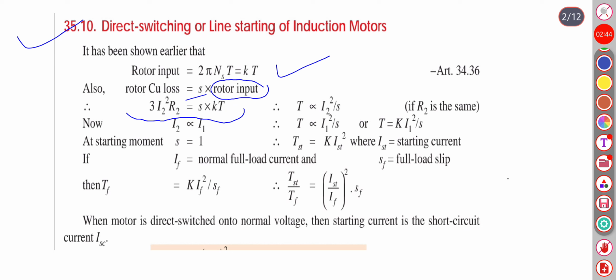Therefore, from this we can say that torque is proportional to I2 square by S, if R2 is the same.